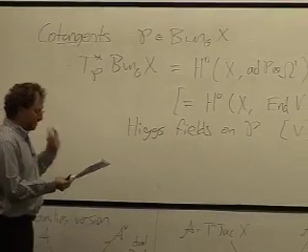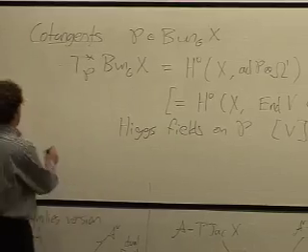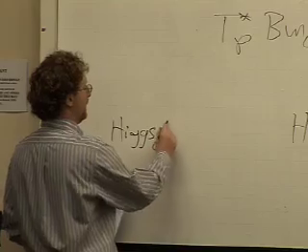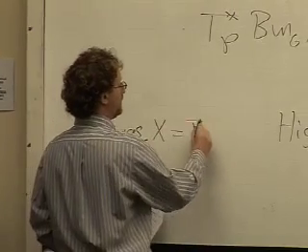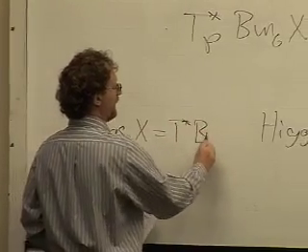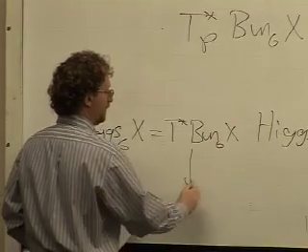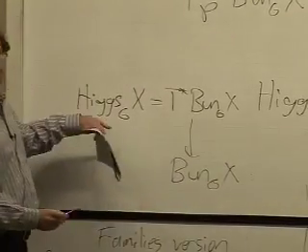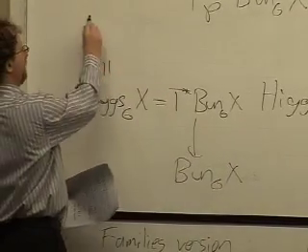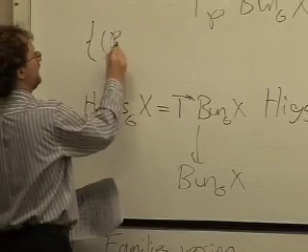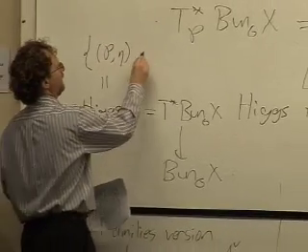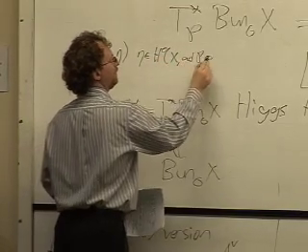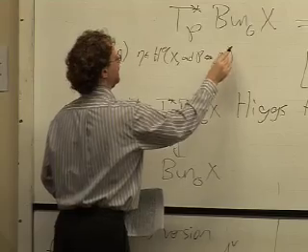Let's introduce some notation: Higgs_G of X is the cotangent bundle of Bun_G of X. The total space of the cotangent bundle is the moduli space of these Higgs fields, the moduli space of pairs of P and eta, where eta is a Higgs field on P, a twisted one-form.